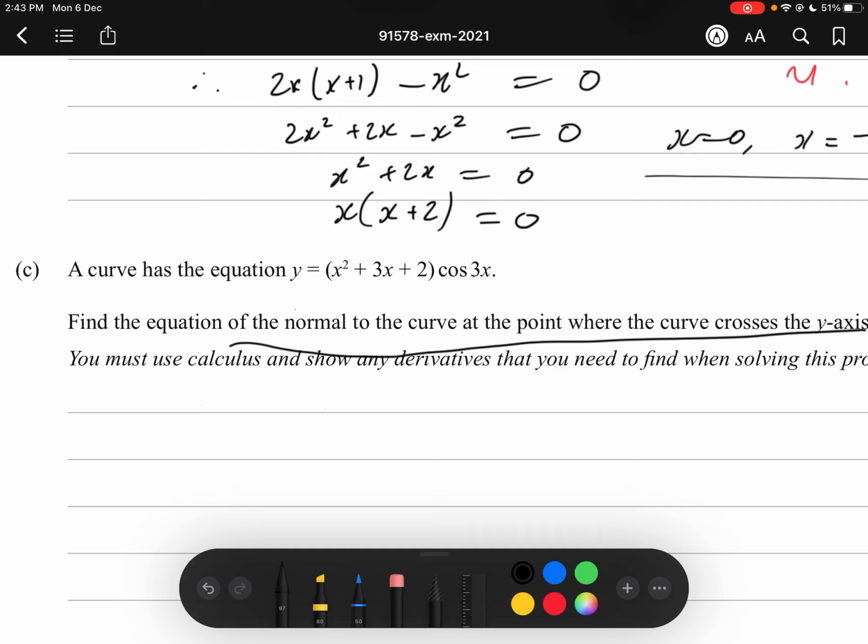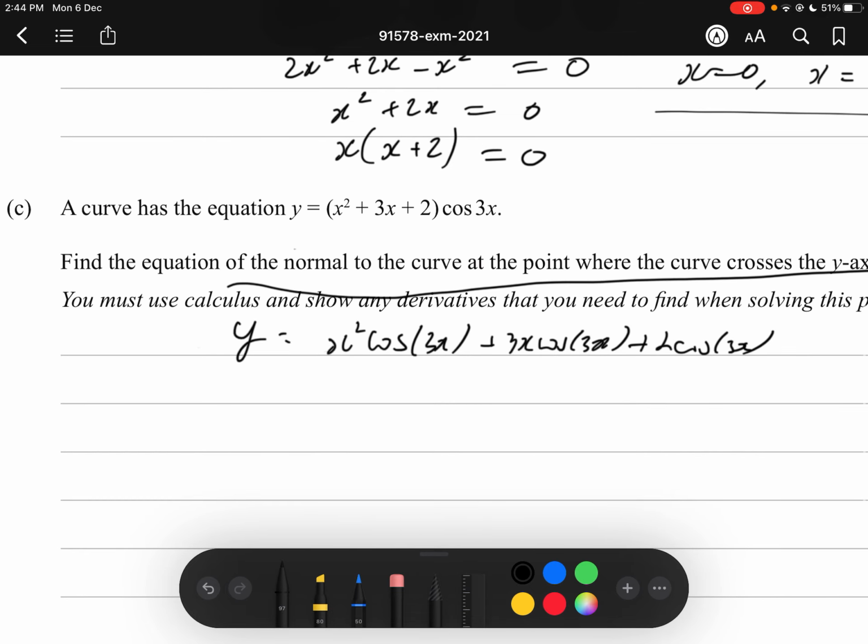So we're going to expand this bracket. We say y equals x squared cos of 3x plus 3x cos of 3x plus 2 cos of 3x. Now we're just going to use the product rule to differentiate. So dy over dx equals 2x cos of 3x.